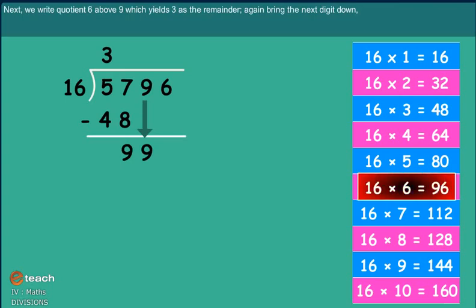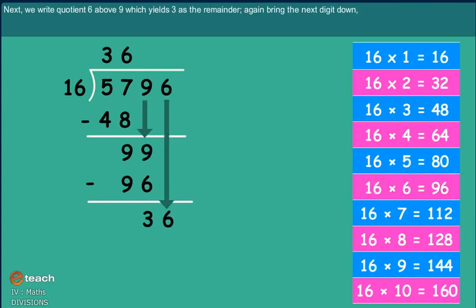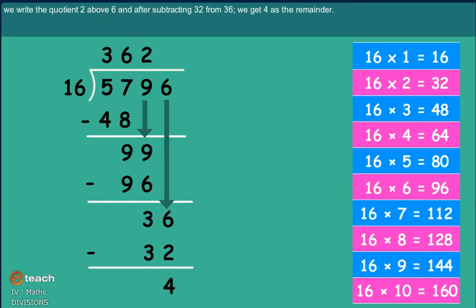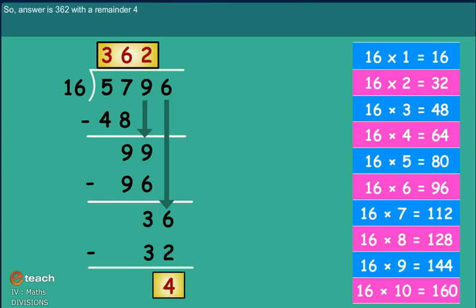We write quotient 6 above 9 and yield 3 as remainder, again bring the next digit down. 2 as quotient, we write above 6 and after subtracting 32 from 36, we get 4 as remainder. So the answer is 362 with remainder 4.